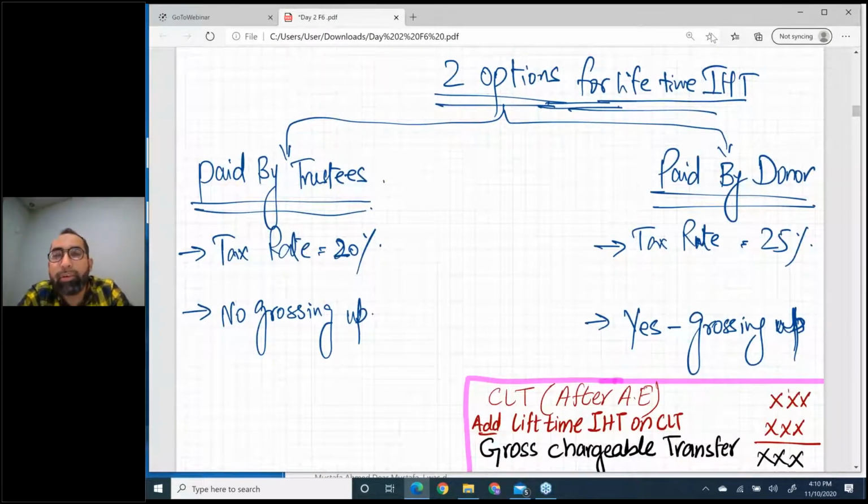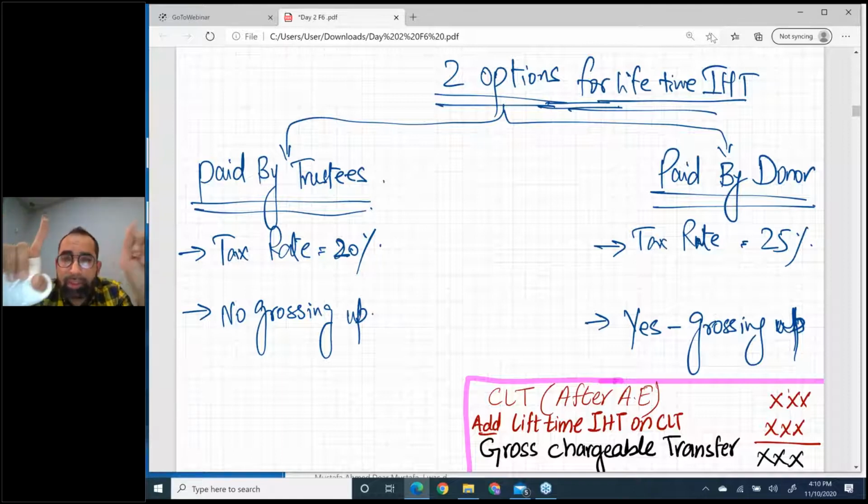Now for lifetime IHT on CLT, which means the first installment we pay in the year of gift, there are two options. Either trustees can pay this first installment.